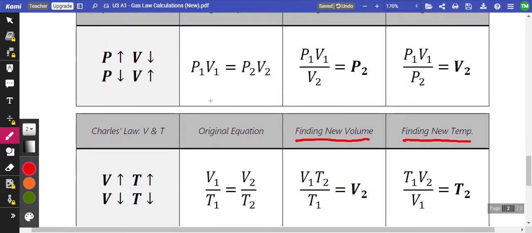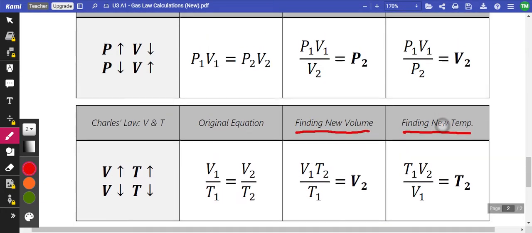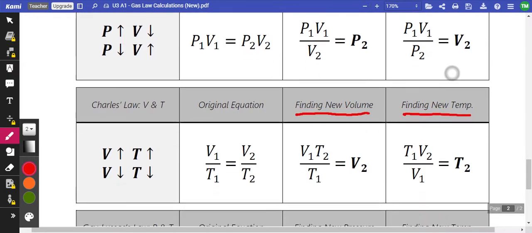The little 1 here, or here, or here, means before the change has happened. It's our original version of the pressure or volume or temperature. The 2 means after the change has happened, so it's our new pressure or new volume or new temperature. Okay? So I can use these equations. This is like my tool belt of what I can tackle.